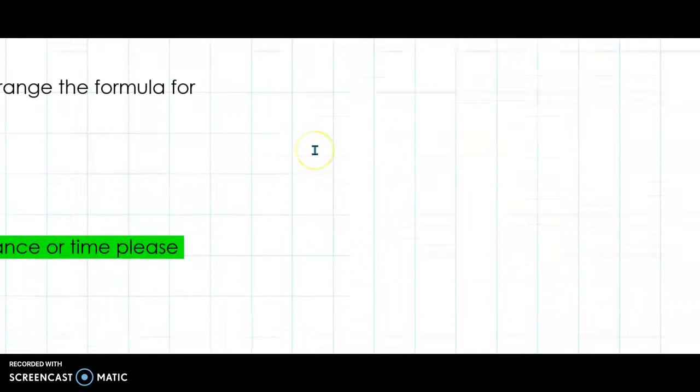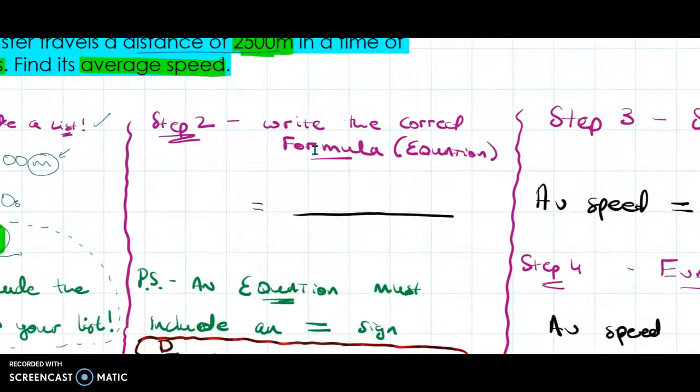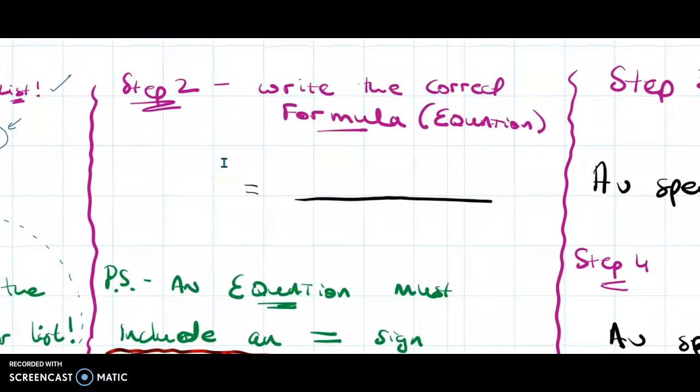So I come back down to my question, and that's exactly what I do. Step 2, I write the formula or the equation. So average speed is equal to distance traveled divided by the time taken.